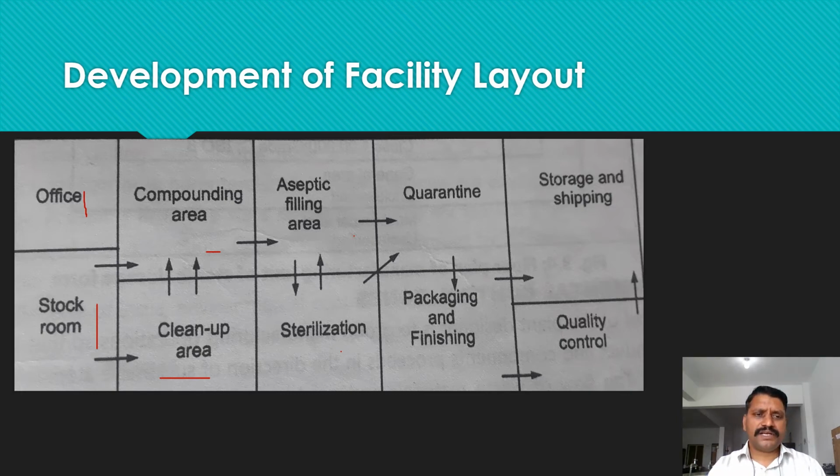These arrows indicate the flow of material and personnel. So from the office and stock room, the material will enter the cleanup area. Then from the cleanup area to the sterilization area, you cannot enter directly.